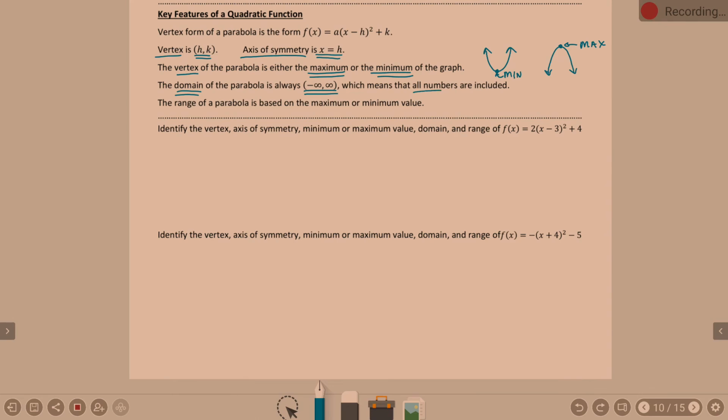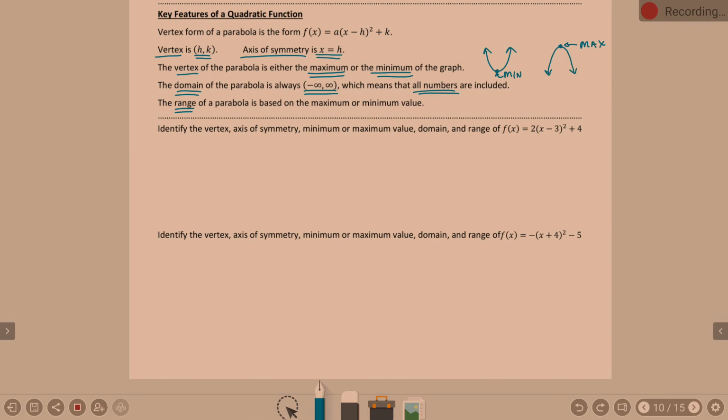Or, in other words, all real numbers. All numbers are included. And then we'll talk about range, and I'll go through an example with that. Range is going to be based on that y value. My graph is either going to be above that minimum, above that y value, or it's going to be below that maximum, below that y value. And we'll walk our way through that.